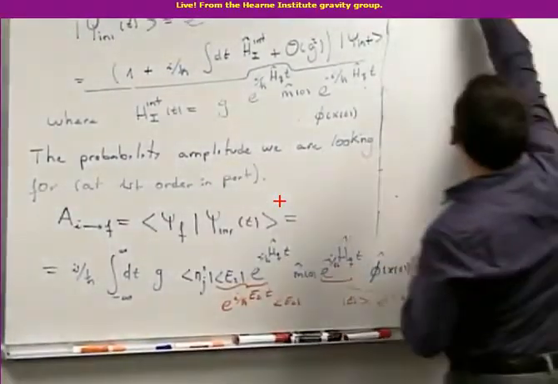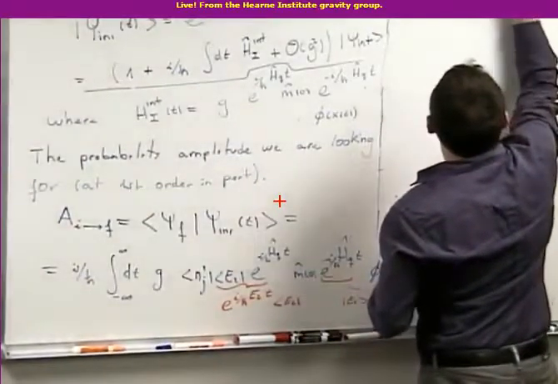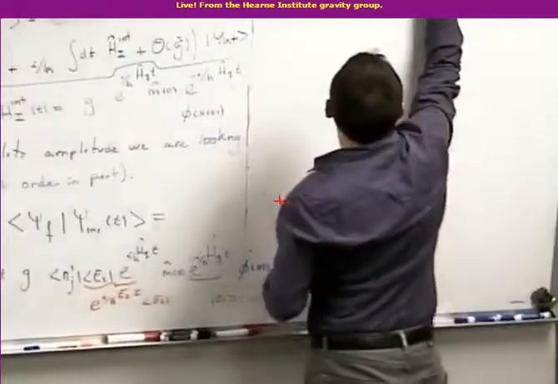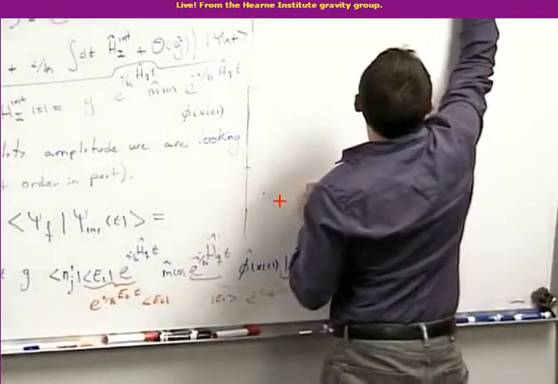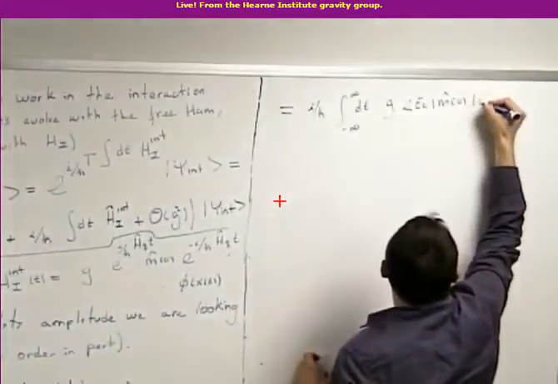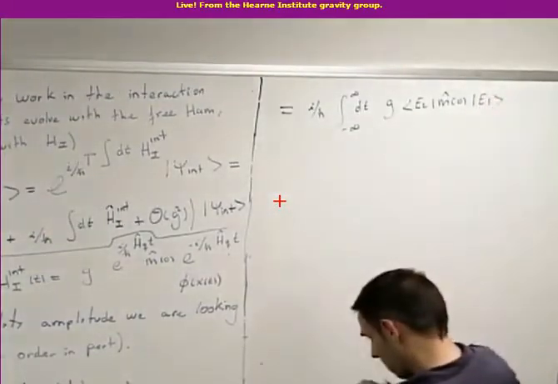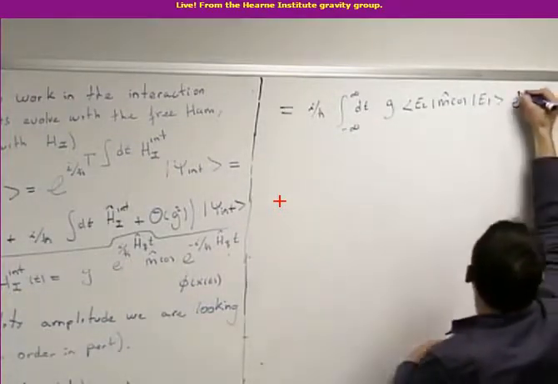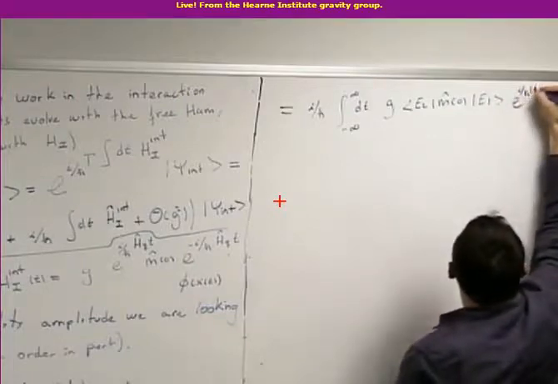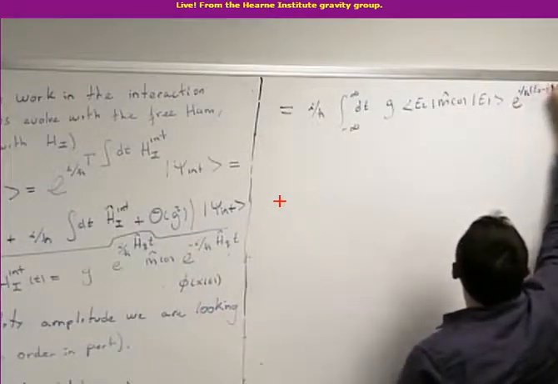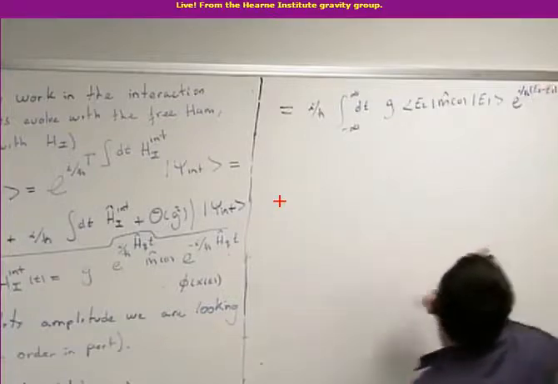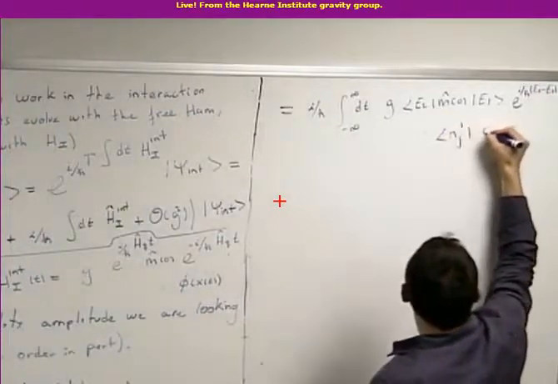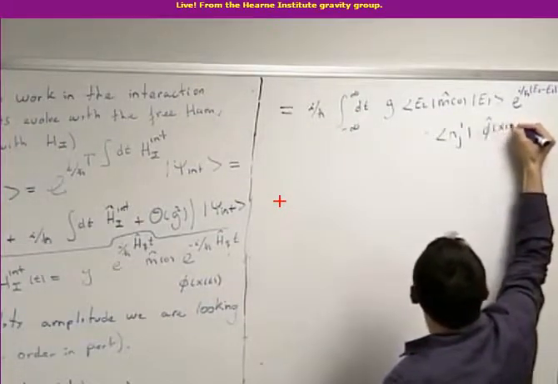So I just have minus the infinity dt G E2 E1 e to the I H bar E2 minus E1 T times Nj prime, the field along the trajectory of the detector.